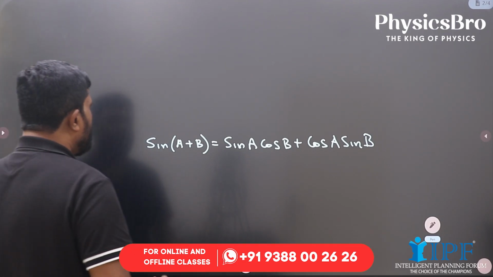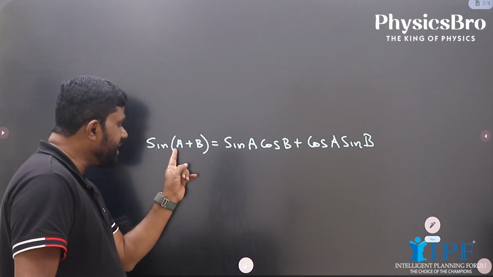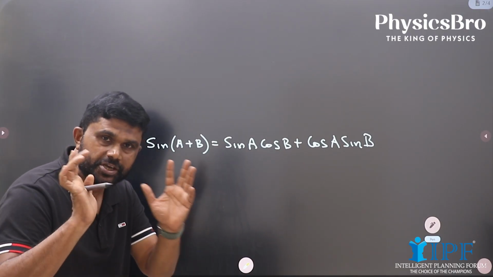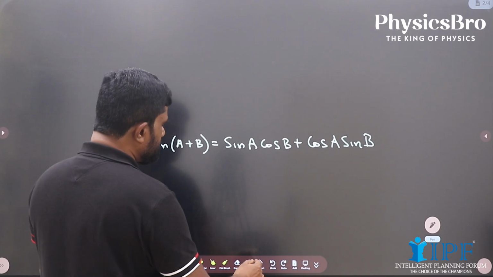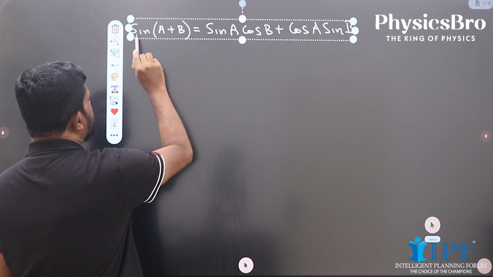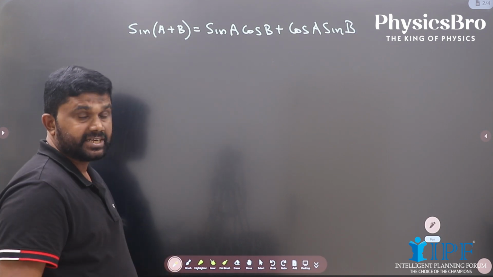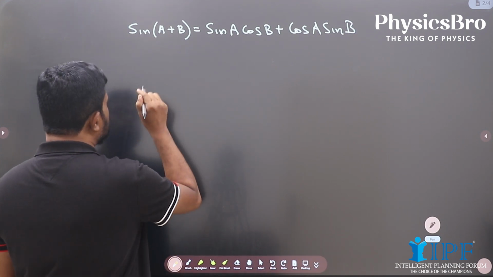Now see, what would be the case if A equal to theta and B is also equal to theta? Sin of theta plus theta will be sin 2 theta.